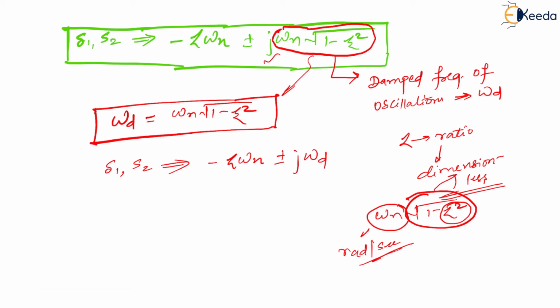So omega d is also going to be radians per second only. So it is again a frequency of oscillations. That is what I have to prove, correct?